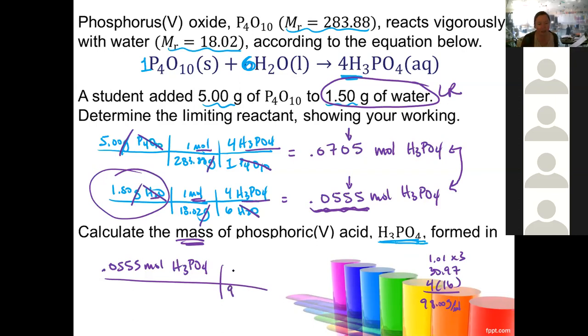So 98 grams per 1 mole. 0.0555 times 98 gives us a grand mass of 0.054 with sig figs 4 grams of phosphoric acid.